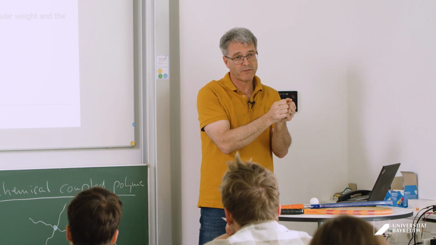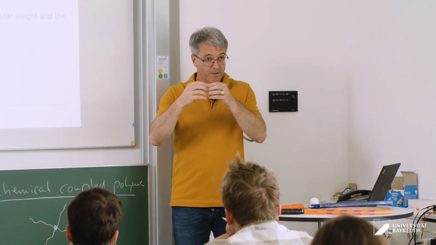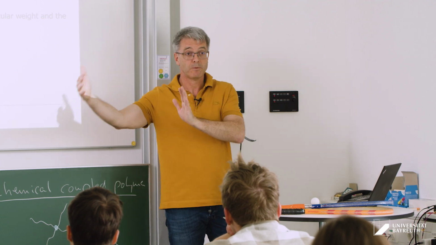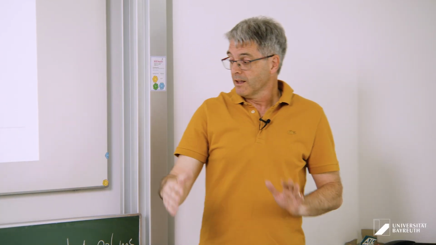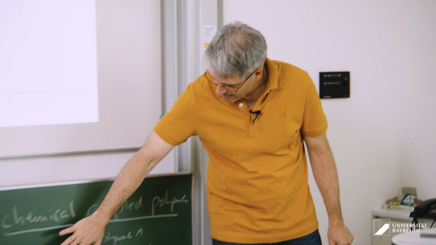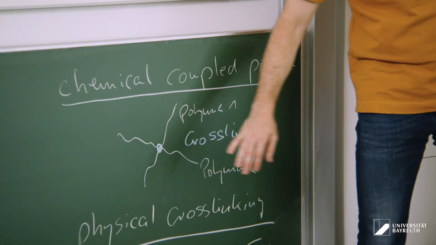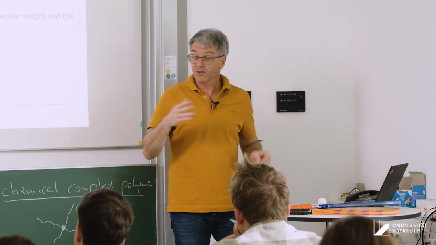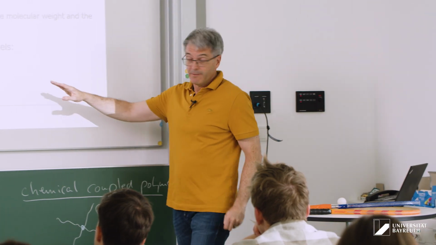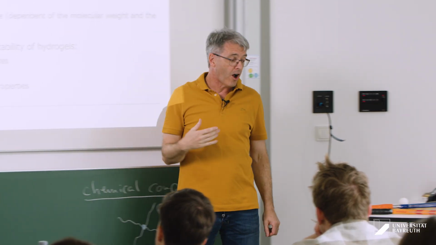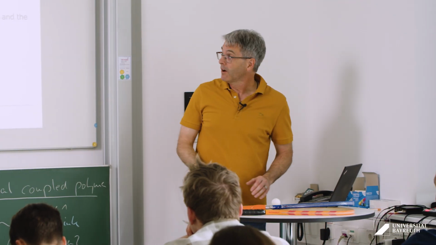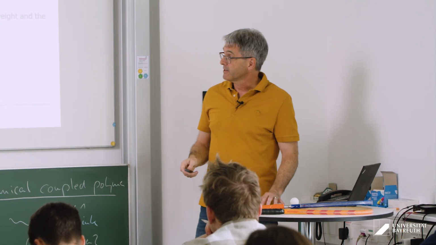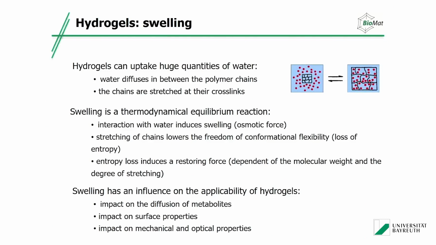It will be much softer than the same material in a hydrogel with a higher molecular weight. Yeah? So besides tuning chemical crosslinks and the physical crosslinks, you can also tune the molecular weight of a polymer. And this will also have an impact just based on thermodynamics on the behavior of this hydrogel in contact with water. And now, of course, you have to consider that the swelling has an influence on the applicability.